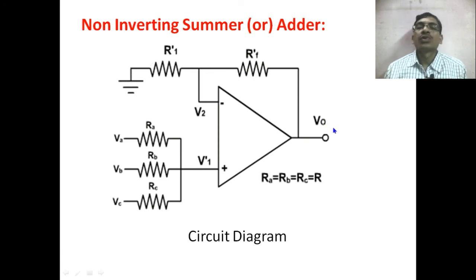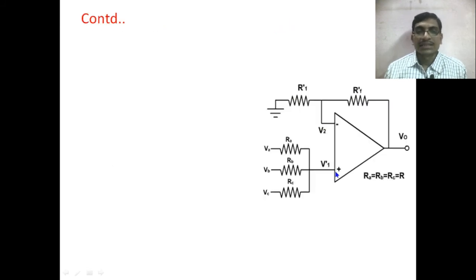V0 is the output voltage, V1 is the non-inverting terminal input voltage and V2 is the inverting terminal input voltage, because it was given to the minus terminal or second pin of our op amp, and the plus is the third pin of the op amp, and the sixth pin is the V0 output voltage.